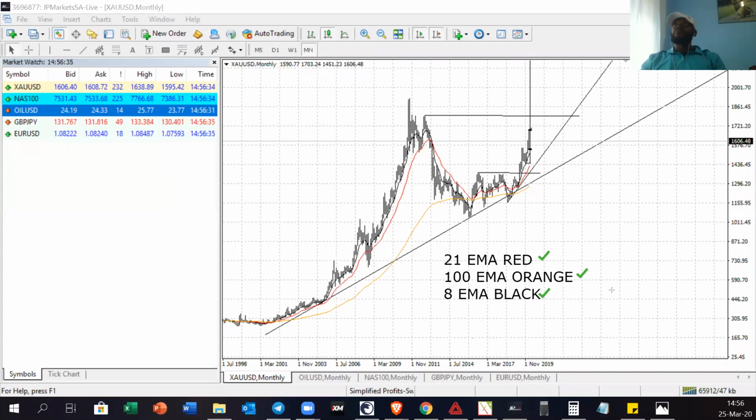So when all of these are bullish, it's an indication to buy. Similarly, in a bearish market, which we'll do later, if price is below the 21 EMA, then price is bearish.